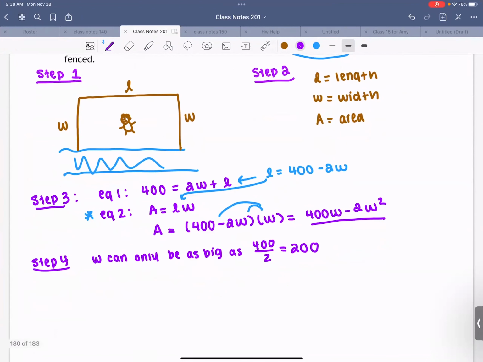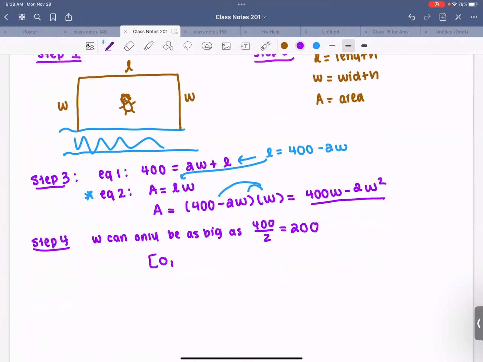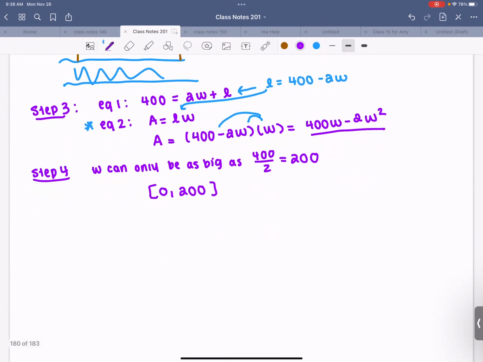So the domain of my function is between 0 and 200. The reason is that we have two W's, and we want to make sure W is within those two bounds. All right, step number 5.